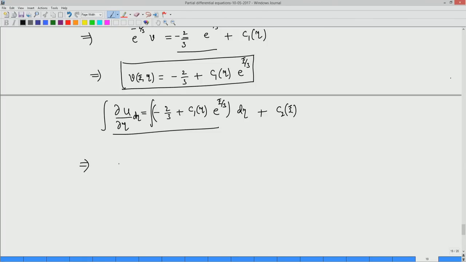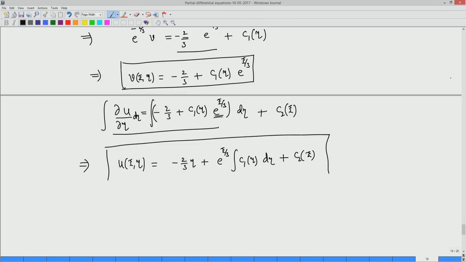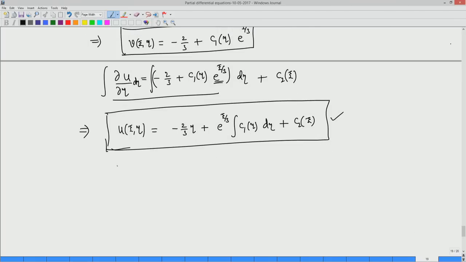So, this will give me u of xi eta finally equal to minus 2 by 3 into eta plus, e power xi by 3 comes out, integral of C1 of eta d eta, that is an arbitrary function, plus C2 of xi. So, this is your general solution of the partial differential equation.